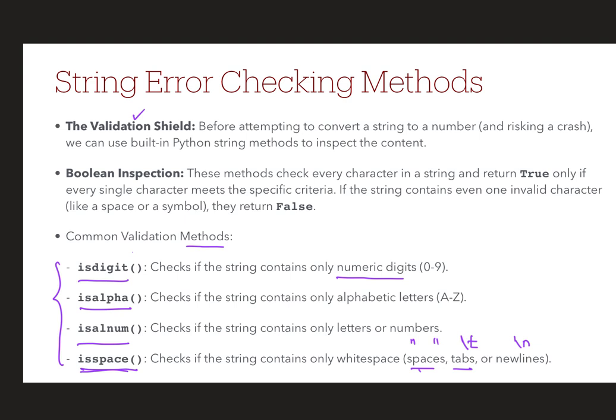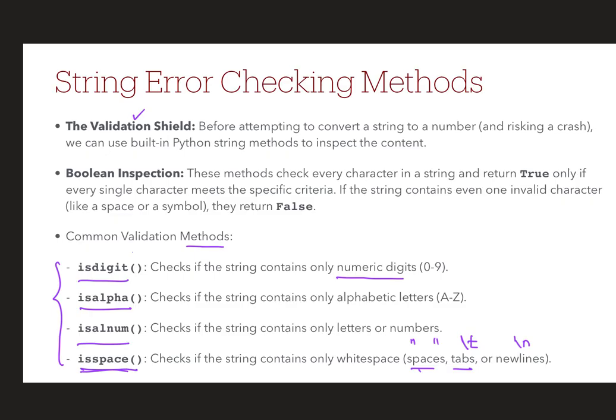So these four functions will return true or false depending on the value received. Isdigit will return true when the character string contains only digits. If the character string contains, say, some alphabet, then it will return false.